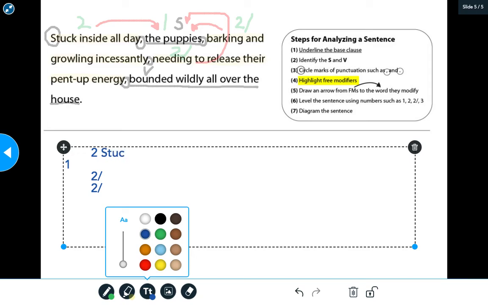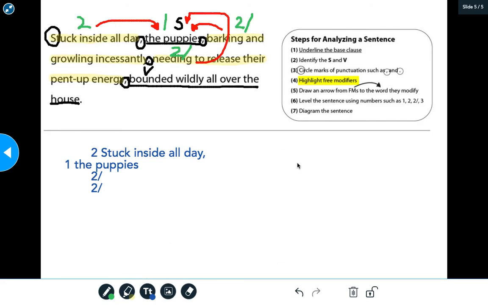Stuck inside all day, comma. This is where this is going to get interesting here with these two medial modifiers. Watch closely. The puppies as our subject, and then look. There's two interruptions here, so watch. Comma, slash, comma, slash, comma, and then the rest of the base clause.